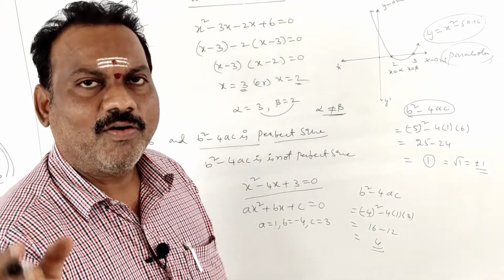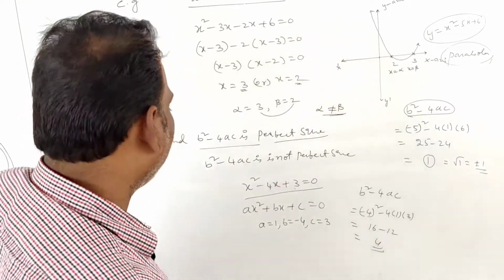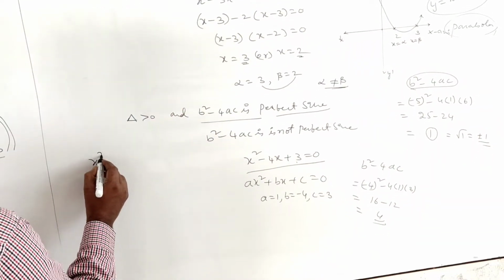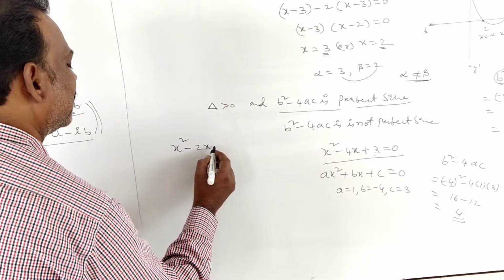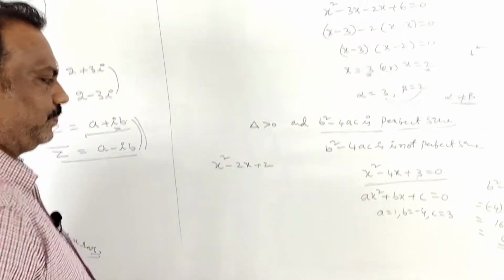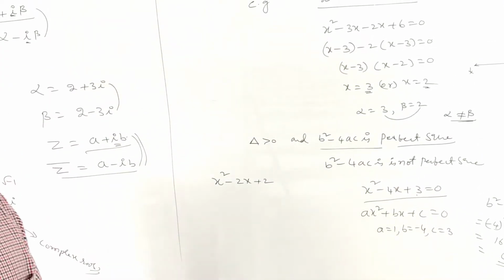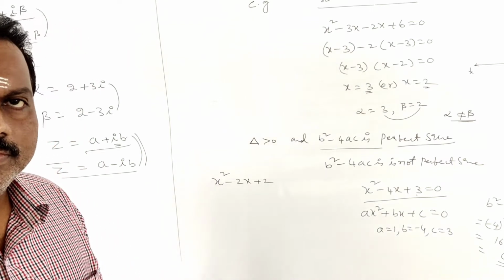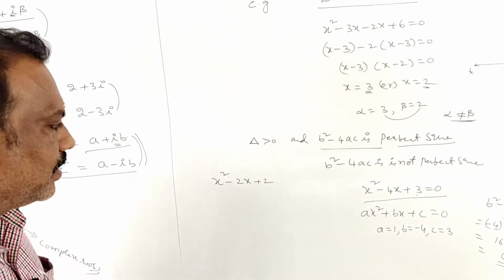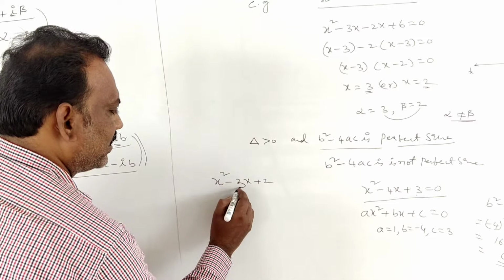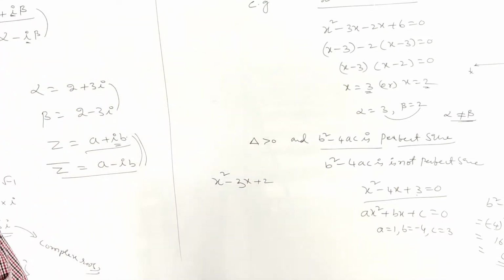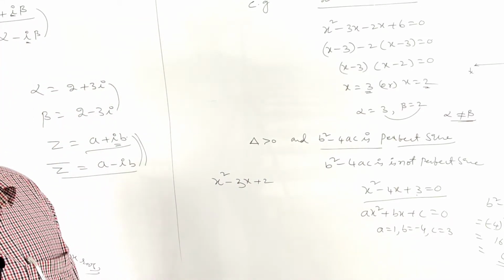We will take one more example for an irrational problem. x square minus 3x plus 2. Is it possible? You can take it with minus 3x. Now is it possible? Yes, 2 comma 1 you will get.